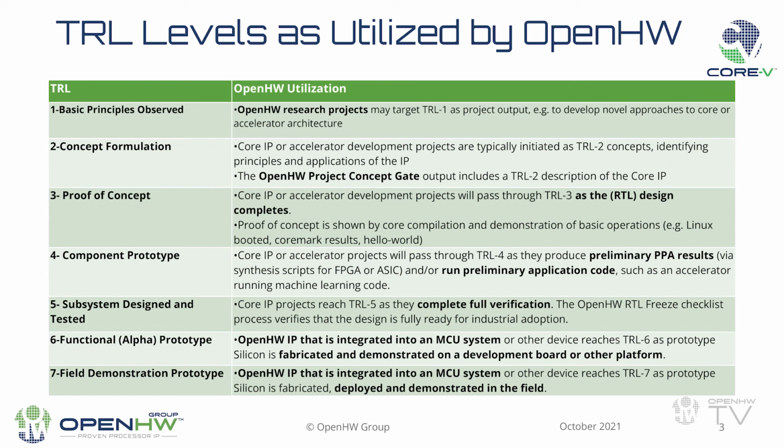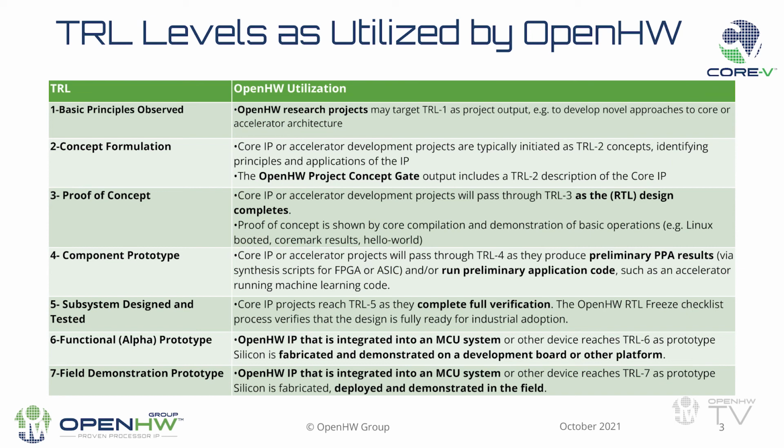TRL3 is a proof of concept, TRL4 is a prototype, and TRL5 is a fully verified core that is ready to be used in an industrial application. With TRL6 and 7, you get cores that are silicon proven and that can be demonstrated in the field. This will be needed to understand our roadmap.